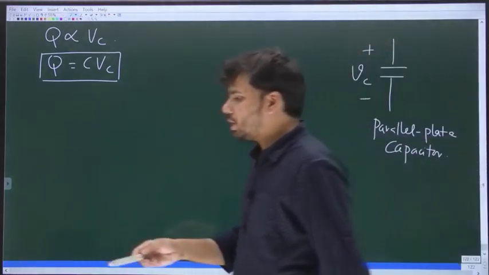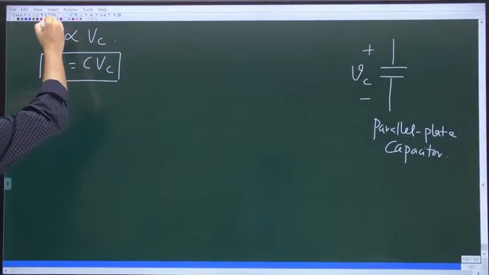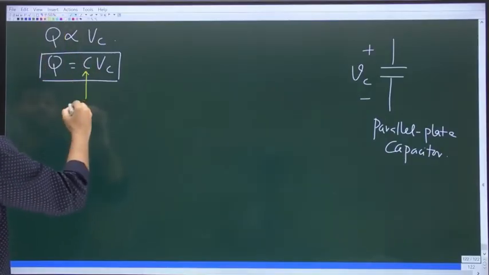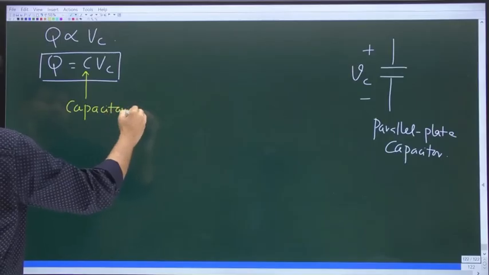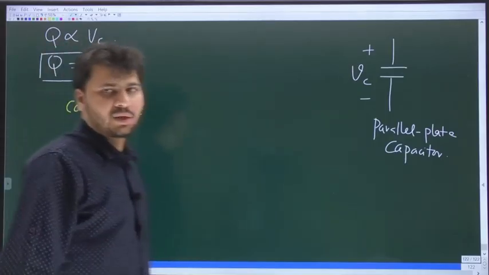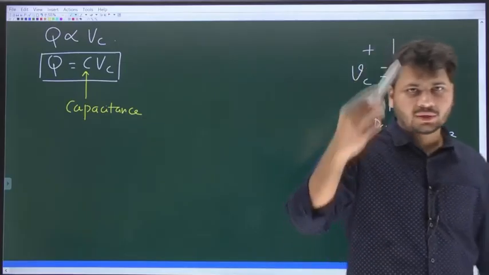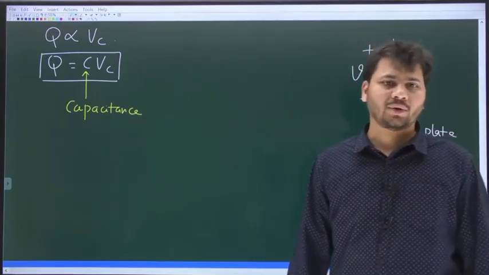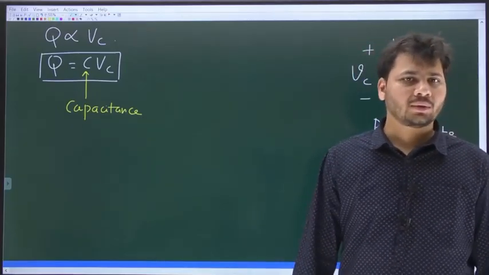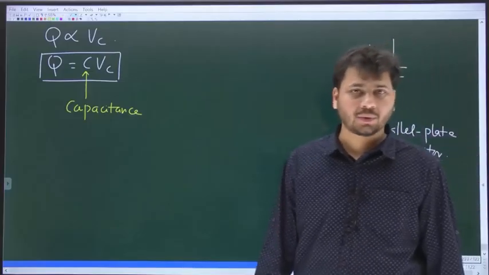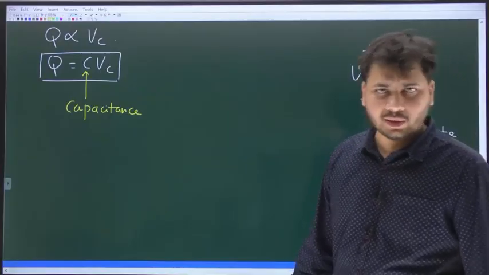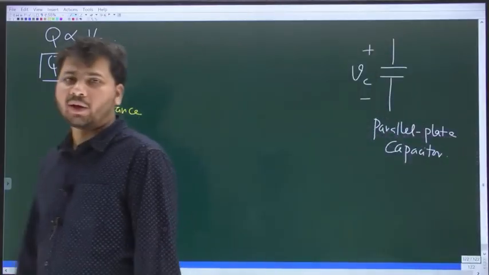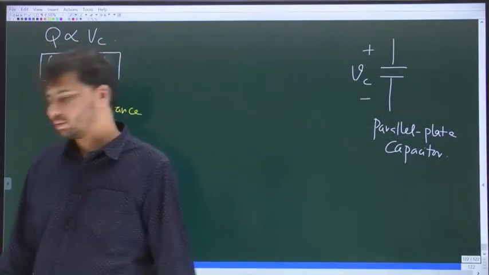So this C is called capacitance, okay? Q equal to CV is something you must have studied many years ago, probably in your high school or even in +2. Whatever it is, it's a very familiar relationship which is valid for any parallel plate capacitor, okay?